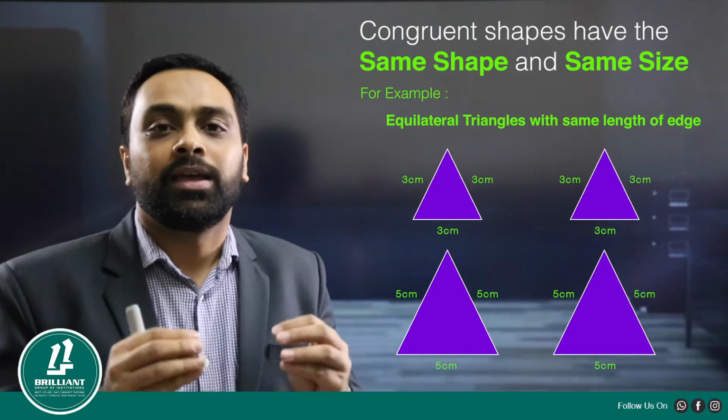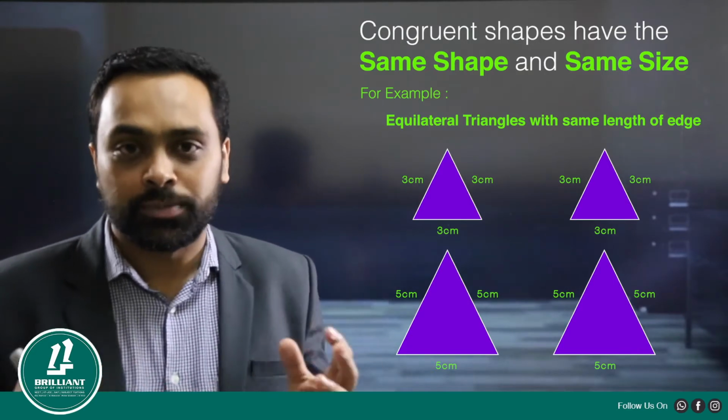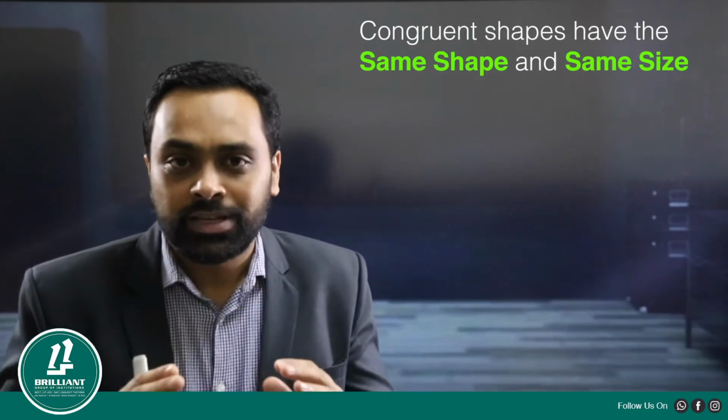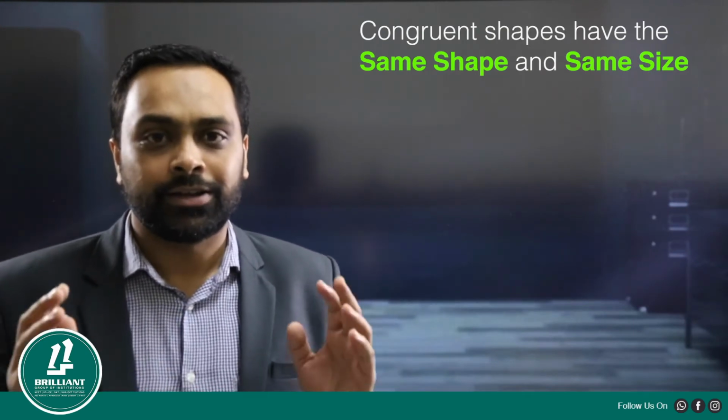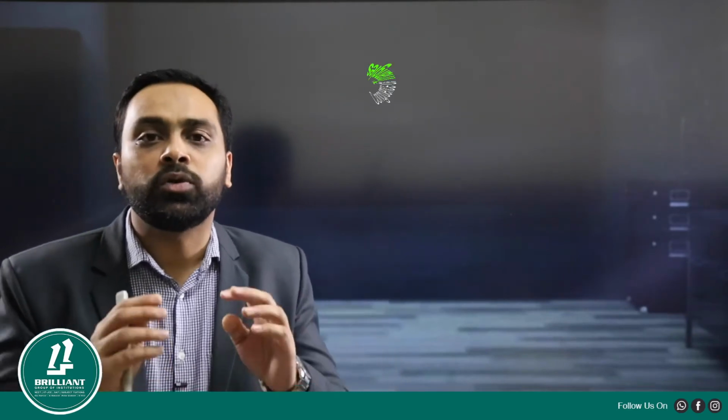That is also an example of congruent shapes. So I believe all of you are clear about congruent figures. Once again, congruent figures are those which have the same shape as well as the same size. Got it?